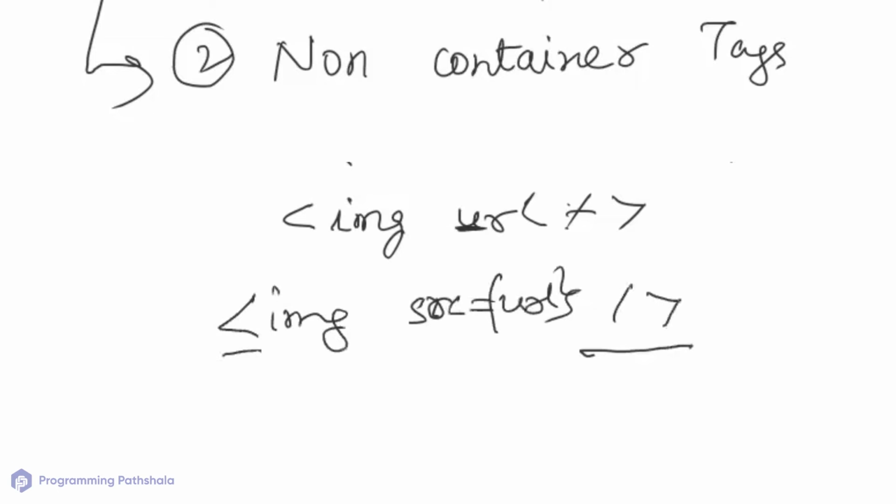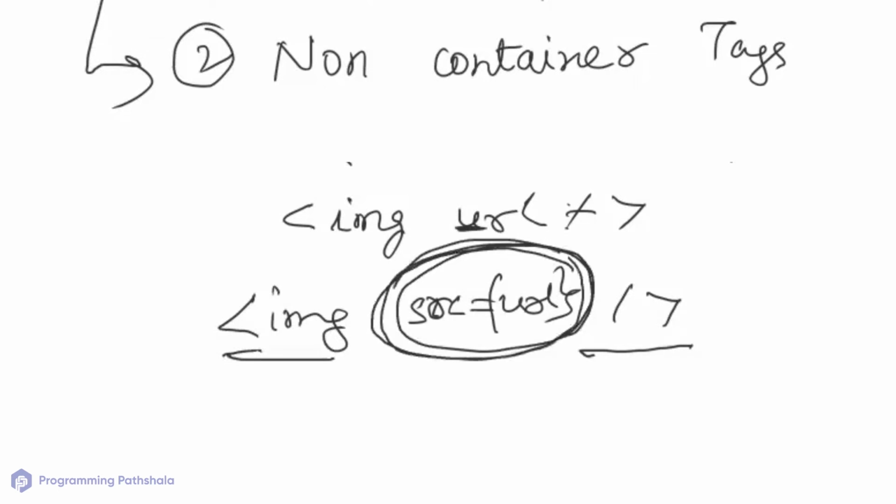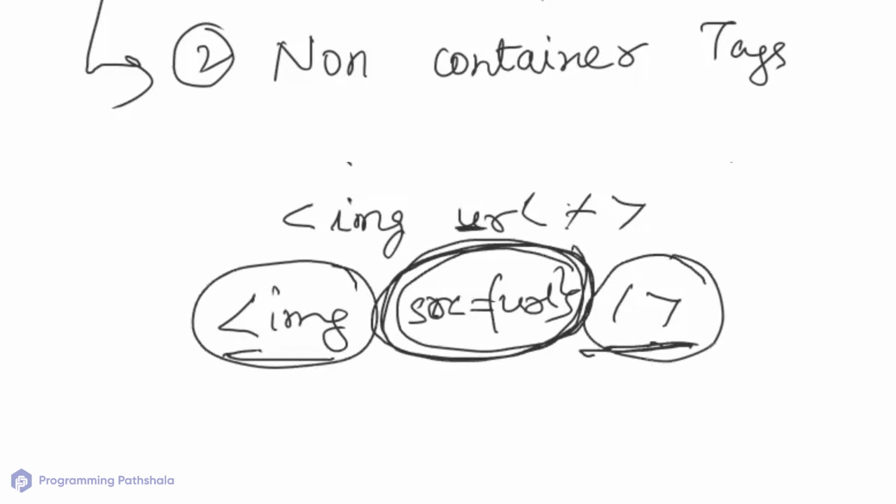It does not contain anything inside, so I don't need to write image open, image close two times. I'm just combining it and saying it opens here, this is the URL from which I want to pick the image, and then it closes also. There is nothing there, so you have just shortened it. So non-container tags can have a shortened way of representation where it opens and closes at the same space.